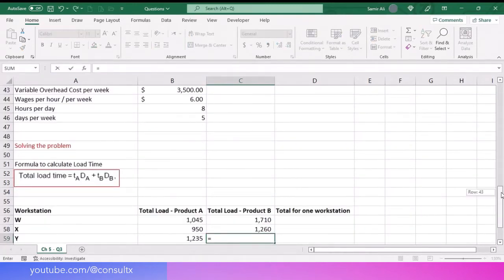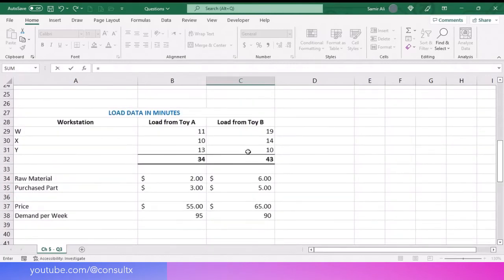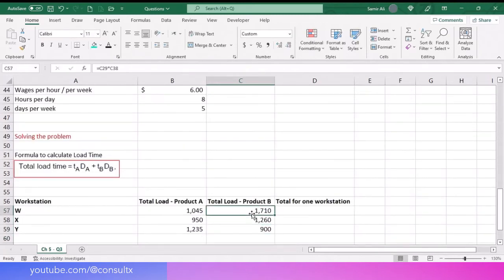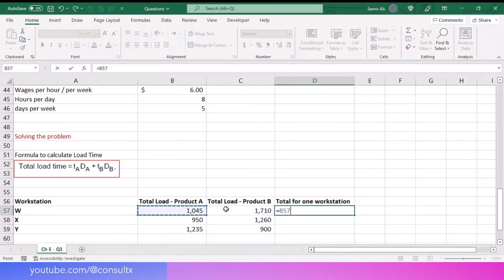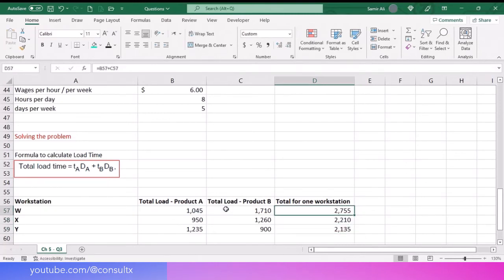And for Y, 10 multiplied by 90 gives us 900. Now we just need to add the total load of product A and product B. So this would be simply this plus this, and we copy it down.